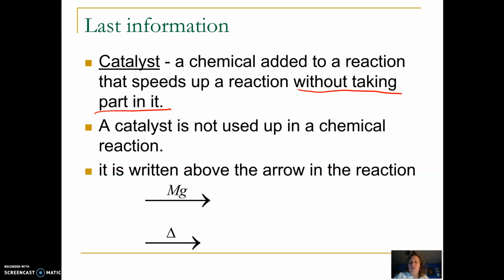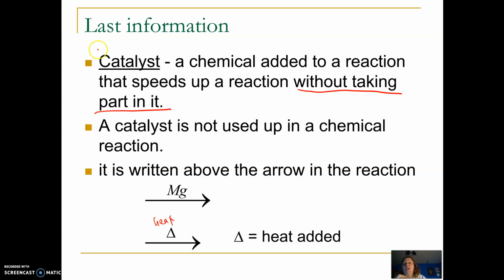So anytime you see, in the written version, magnesium as a catalyst, it goes above the arrow. A triangle is a shortcut for heat. So if it says hydrogen peroxide is heated to produce water and oxygen, you could write that, and I would definitely not take off if you just wrote heat above the arrow.